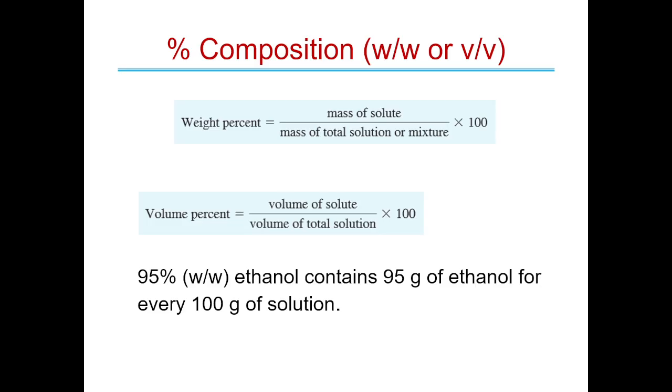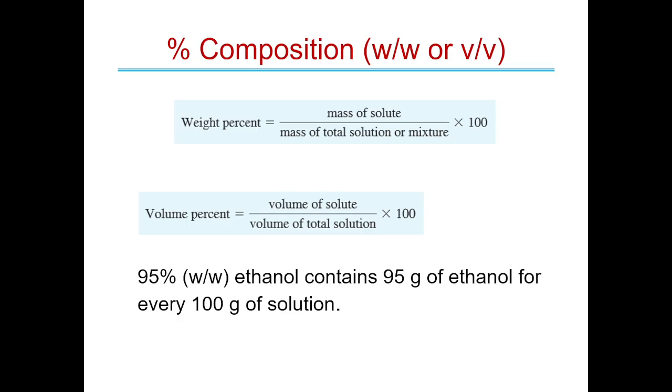It is oftentimes not labeled at all. Weight over weight overall tends to be the more common one, except when it isn't. Unfortunately, there really isn't an easy trick. It's just a bad system, okay?